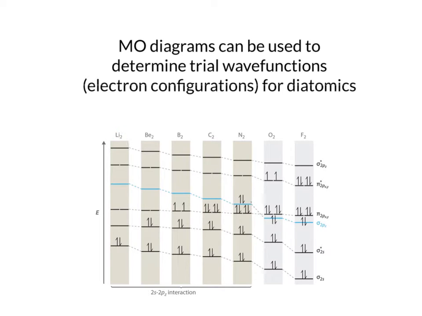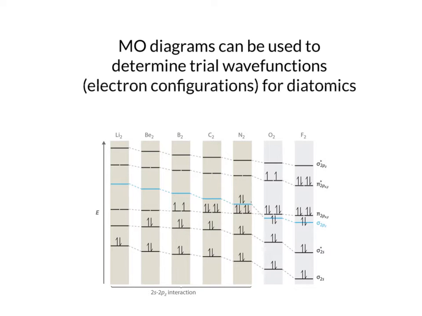I put those in starting at the lowest energy, spin up and spin down. When I move to beryllium, each beryllium brings 2 valence electrons, so I have a total of 4. I just build up the electrons by counting the total number of valence electrons in each of these diatomics.